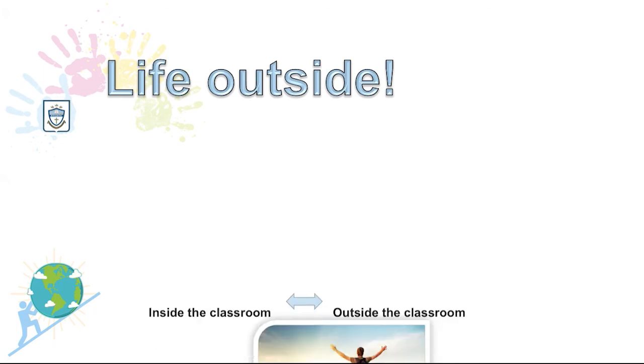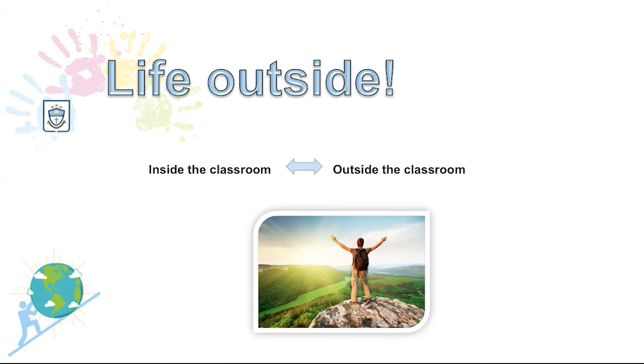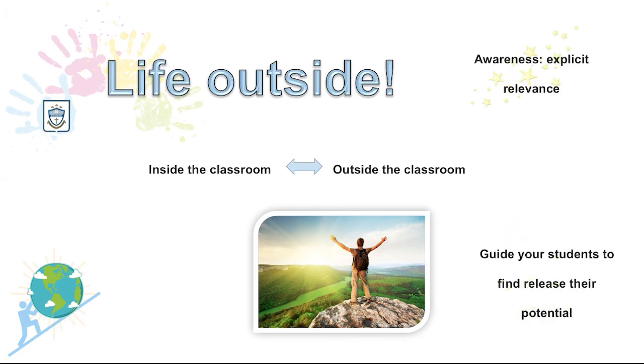Every single idea, every single skill, every single topic, even if it's mandatory, needs to have a sense and a purpose in real life. The more awareness we raise on it, the more students will benefit. This way, we can make sure that students start to walk a path, the one through which they will find their potential, and what is even better, release it. The more aware we are of this, the more relevant learning becomes.